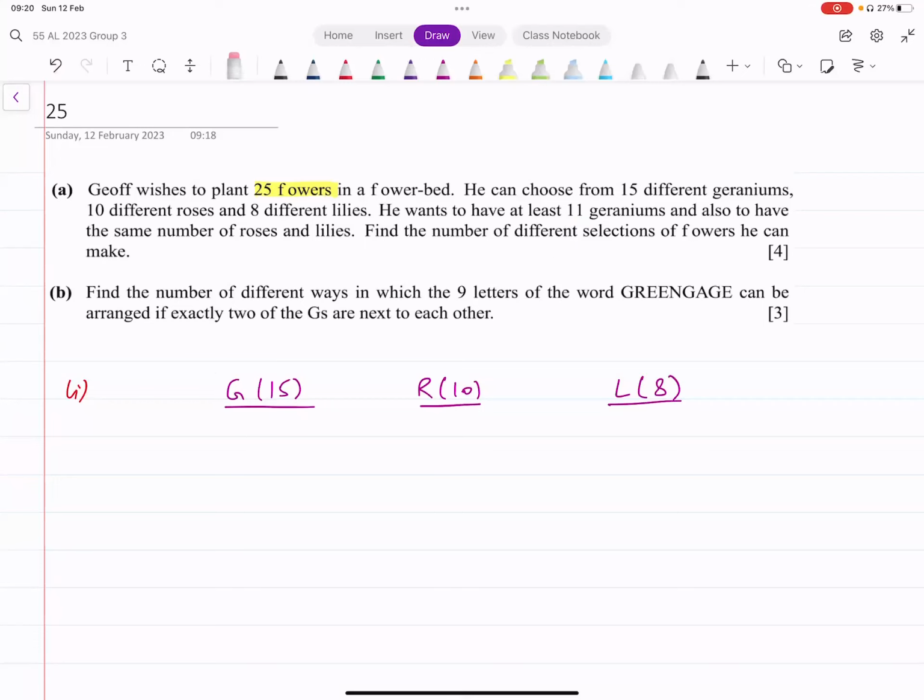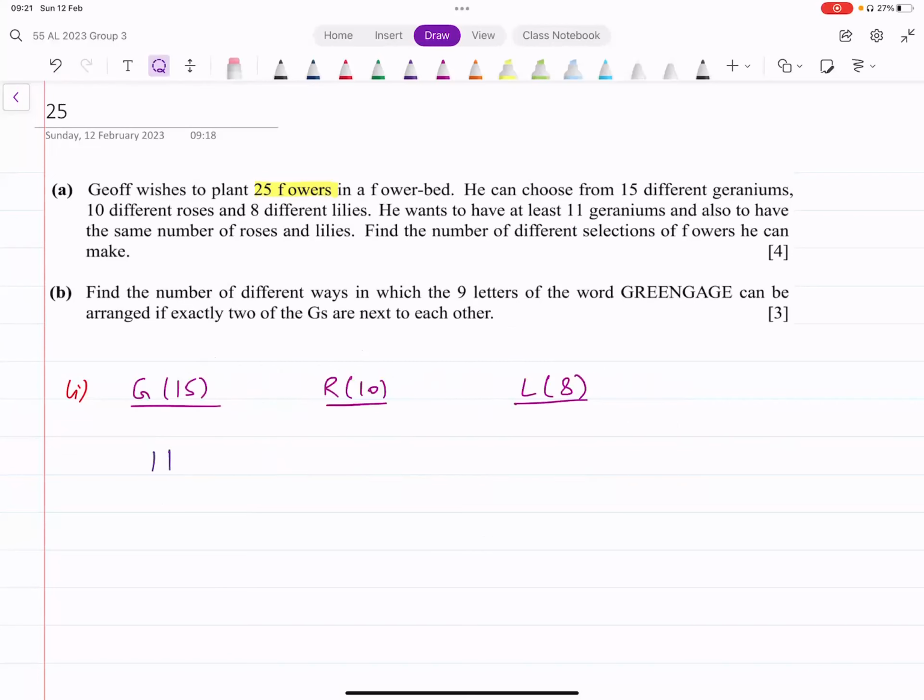Now, what are the different possibilities that can be there? He could have 11 of these, and then the number of roses and lilies that they have, that has to be equal. So if we have 11 of these and the total is 25, बाकी कितने रह गए आपके पास? 14. So they're going to be divided like this, 7 and 7, and the total becomes 25 in this case. All right, that's one possibility.